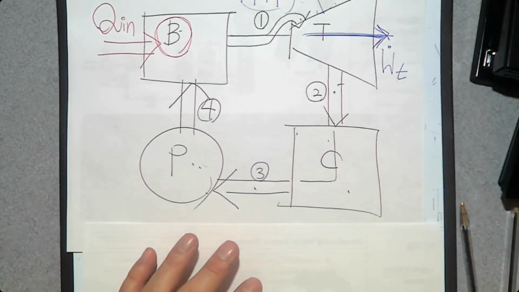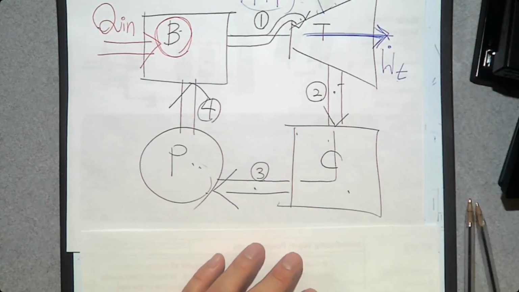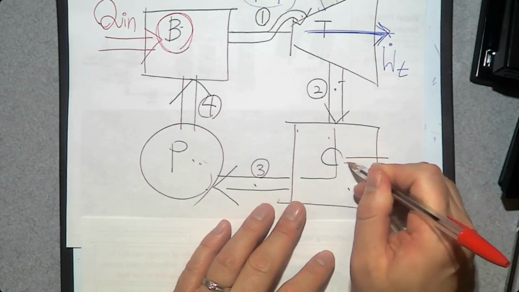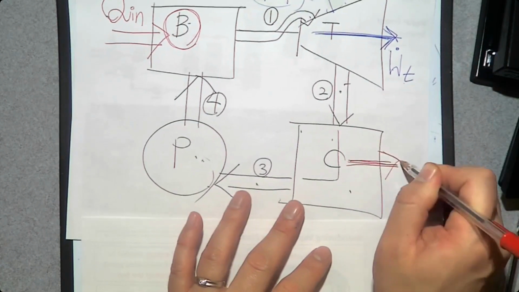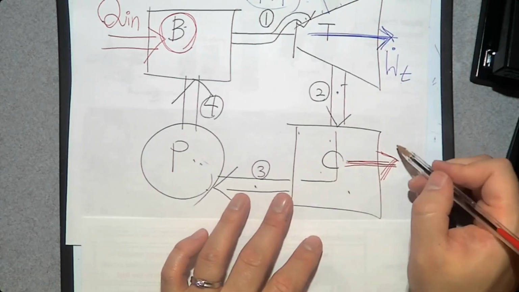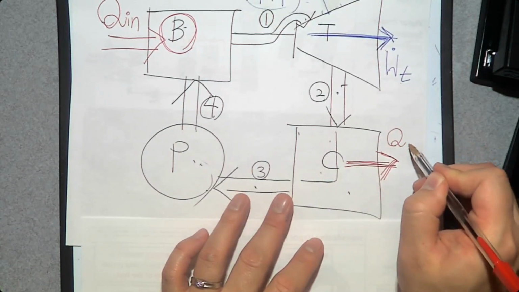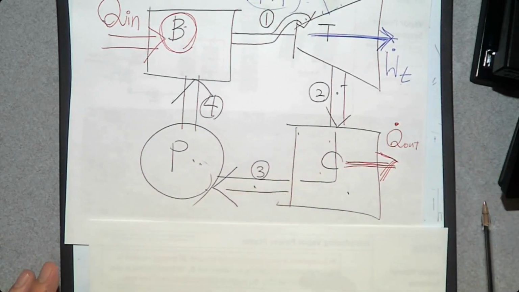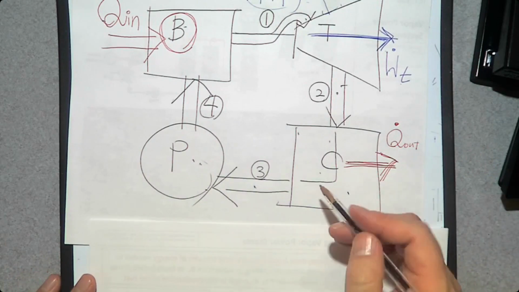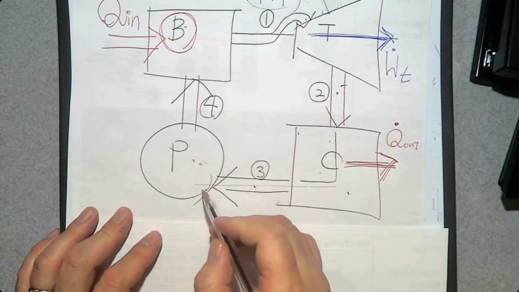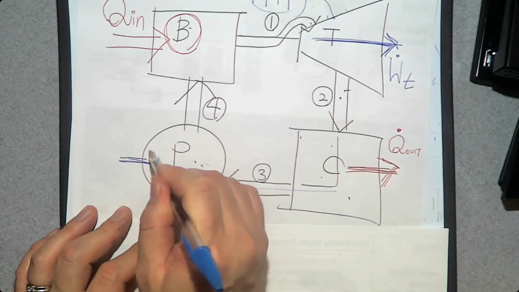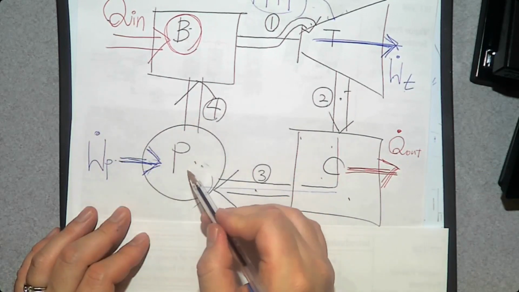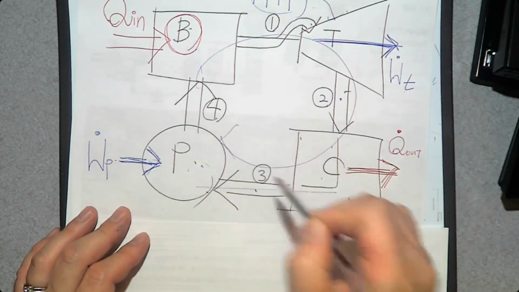Once the expansion is done, this steam has waste heat, so we are going to remove that waste heat by a cooling system, that is the condenser. This cooling fluid can be air or the water from a nearby river, lake, etc. Then this water has no energy, so we are going to provide pumping power, W dot P, and return it back to the boiler so we can make a cycle.